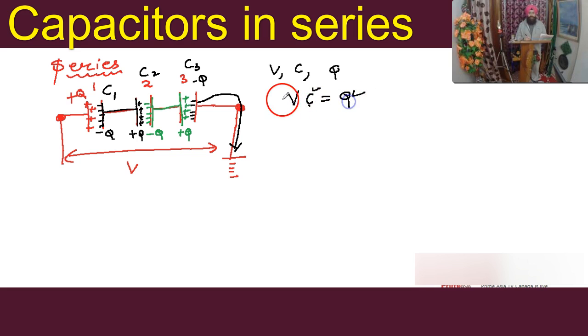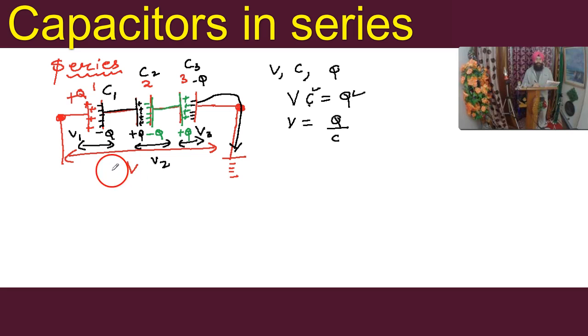C is different, Q is the same. So V equals Q by C. If C is different, V will be different, even though Q is the same. So the potential will be V1 across C1, V2 across C2, and V3 across C3.